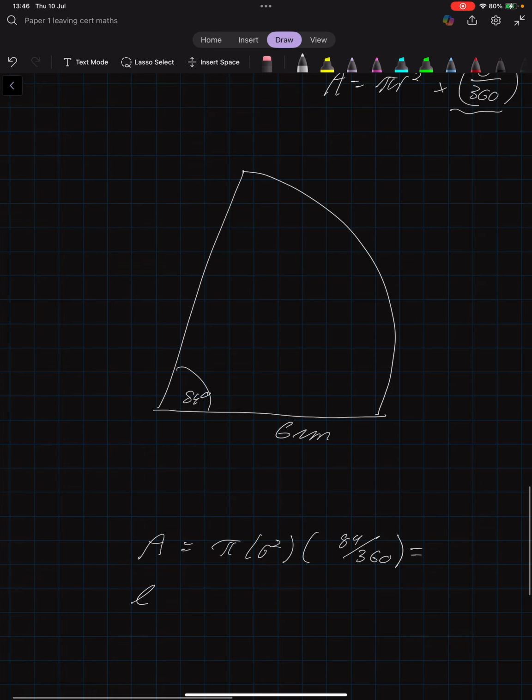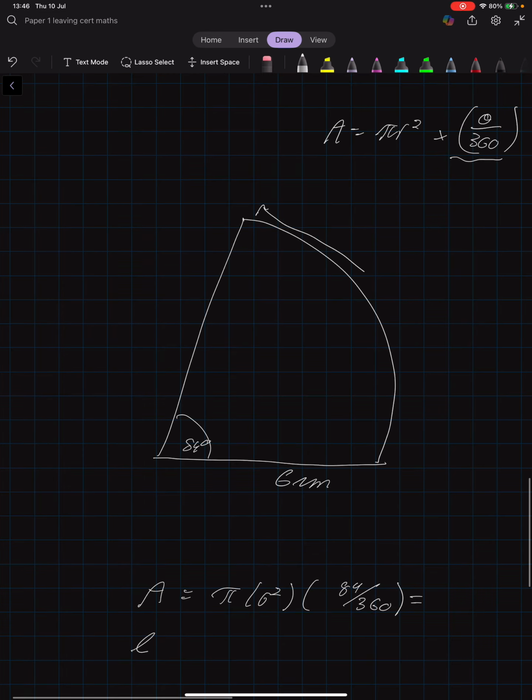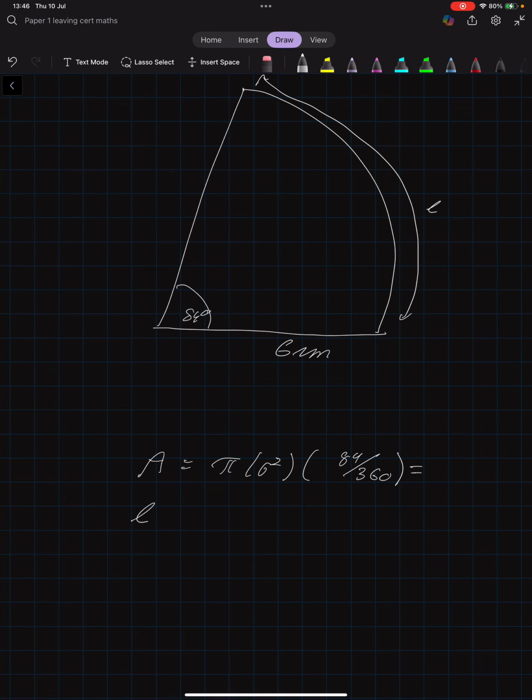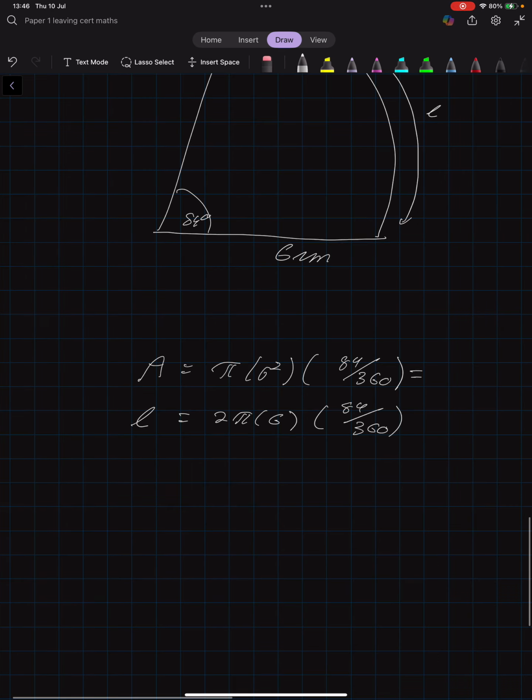And then the length L, so again, this length here, is going to be 2 pi times r, which is 6, multiplied by 84 over 360. Like that, okay? So hopefully that's all okay.